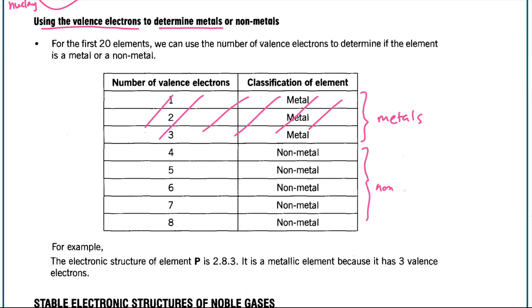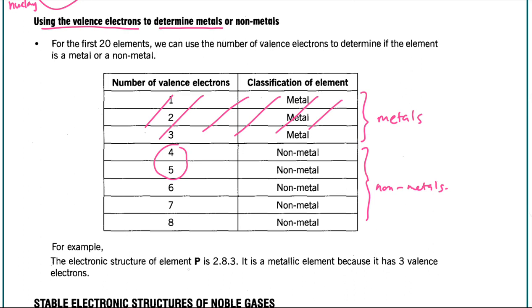But if you use your periodic table, there are some around 4 and 5 which we can call semi-metals. In other words, they have some properties where they behave as metals and other properties where they do not. But generally, from 4 up to 8, we say this is a non-metal.